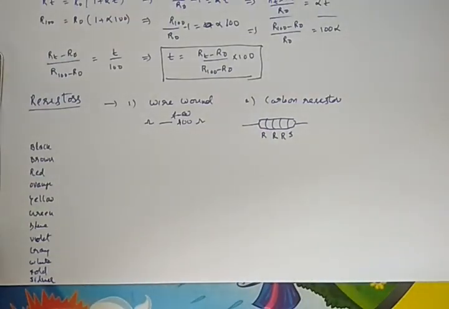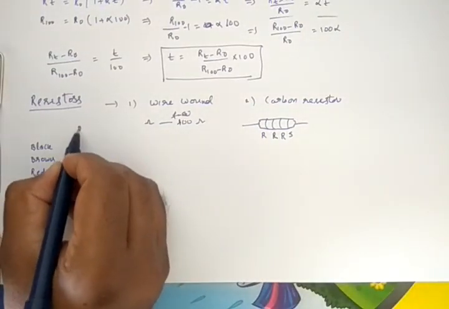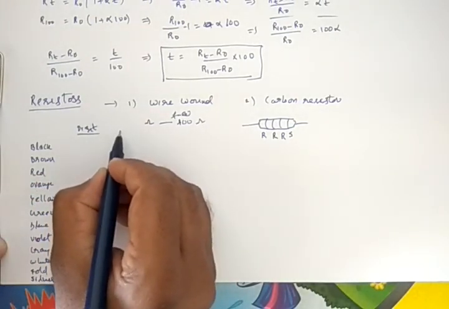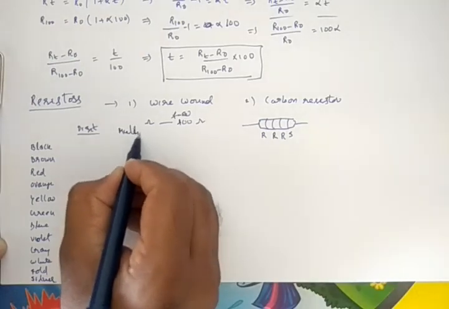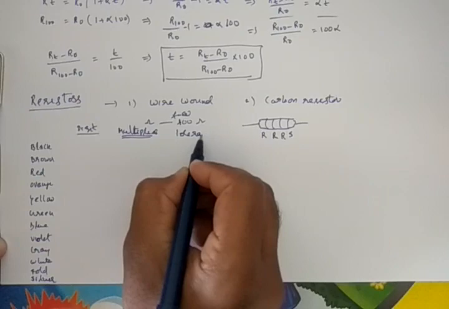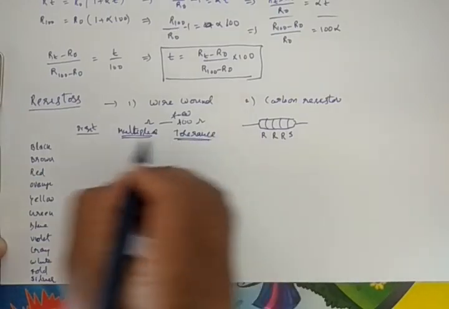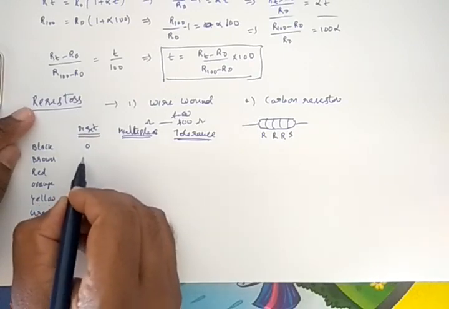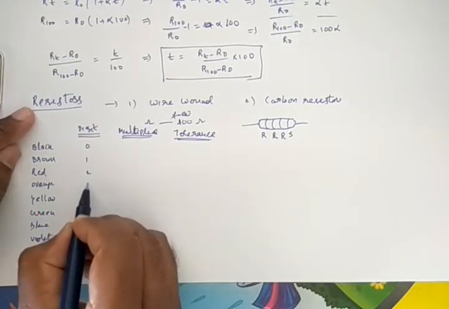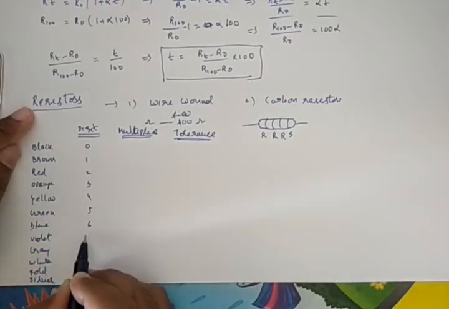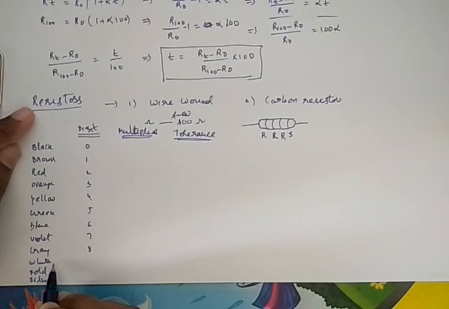So these are the colors, and now let us write the digit, the multiplier, and the tolerance. The digits are: for black color it is 0, for brown color 1, then 2, 3, 4, 5, 6, 7, 8, and for white it is 9.